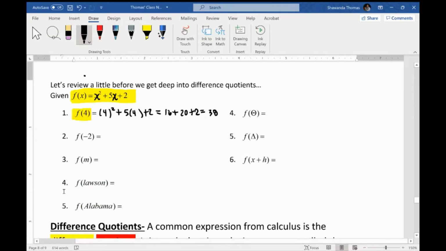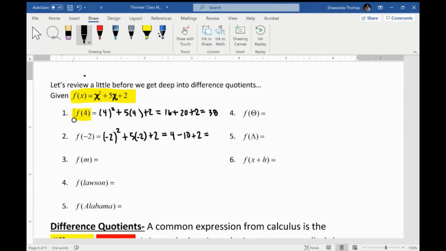All right. Great job. Moving on to f of negative 2. Same function. So we're going to evaluate that same function when x equals negative 2. So negative 2 squared plus 5 times negative 2 plus 2 equals negative 2 squared is a positive 4. 5 times negative 2, negative 10, plus 2.